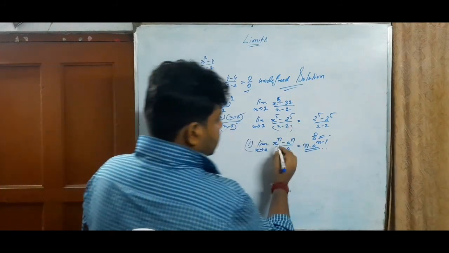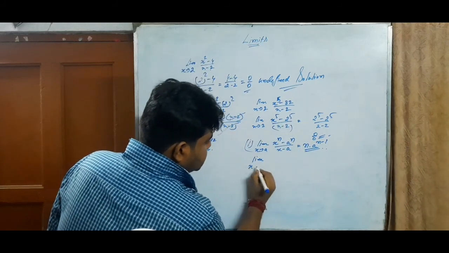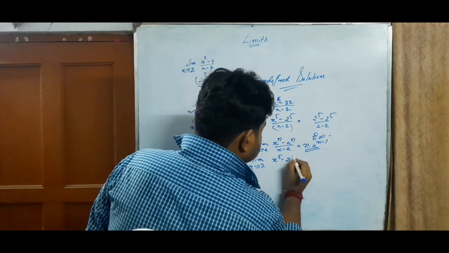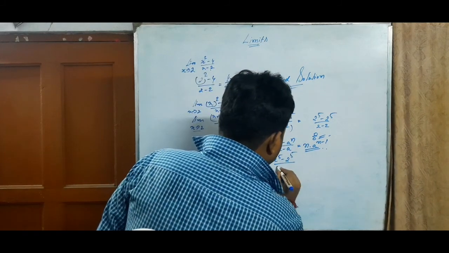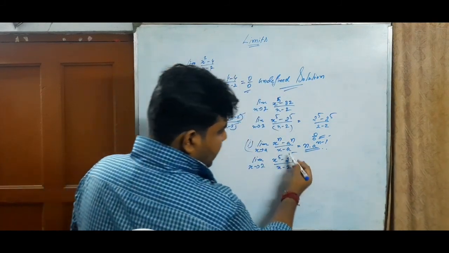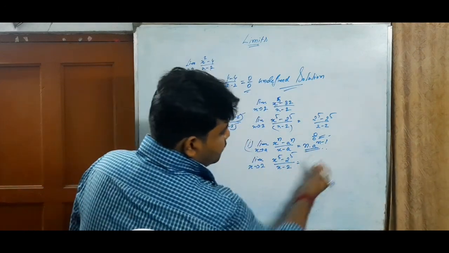Now just compare this. Limit x tends to 2, x to the power 5 minus 2 to the power 5 by x minus 2. Here n is 5, a is 2. So what we can write? n into a to the power n minus 1.